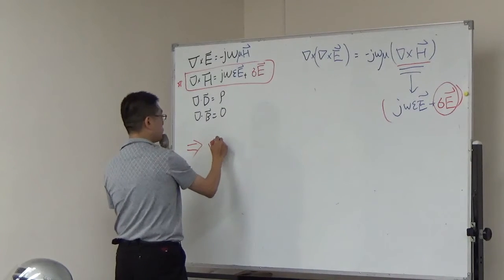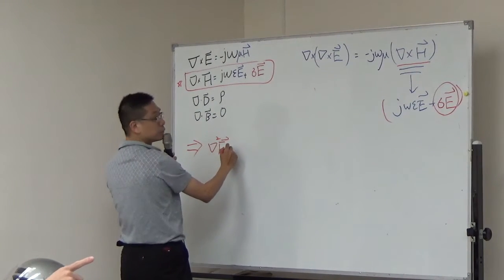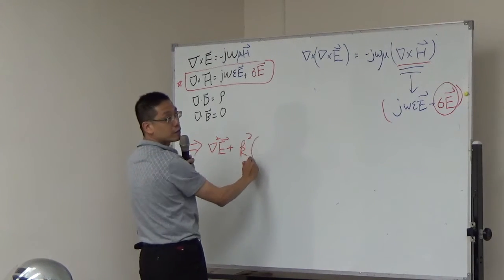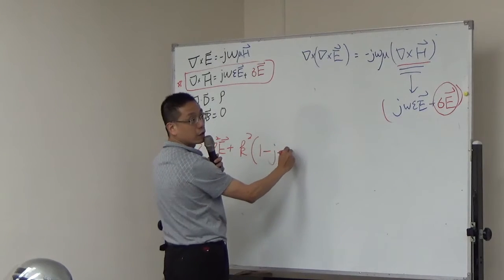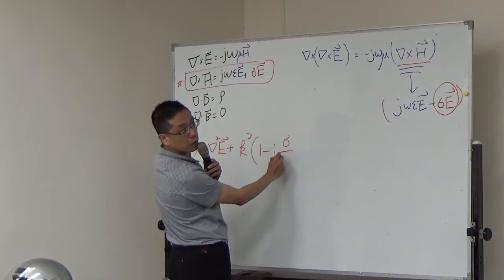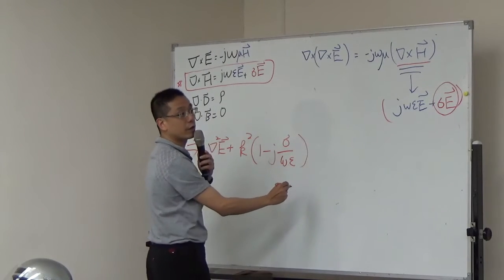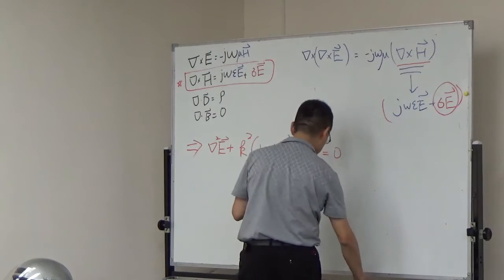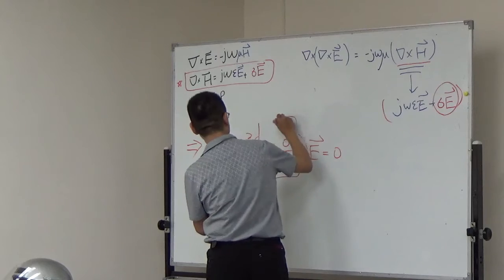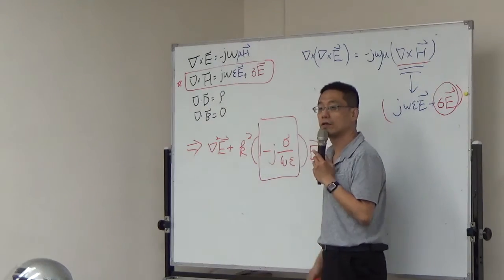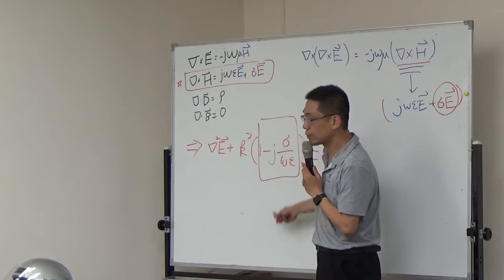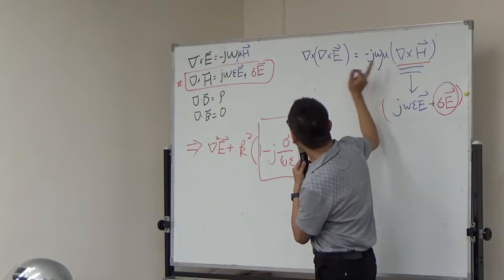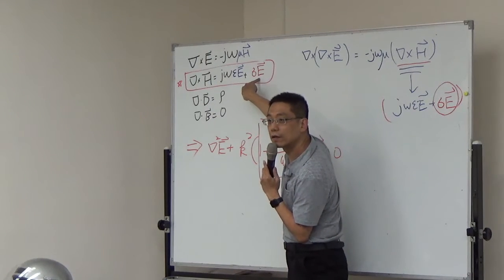You will get this one plus k squared times 1 minus j sigma over omega epsilon times E. I want to put that here. This term is new. Okay? For the lossless case, sigma is 0 and this is 1. And for the lossy case, we put everything here, because you have epsilon E. Alright?